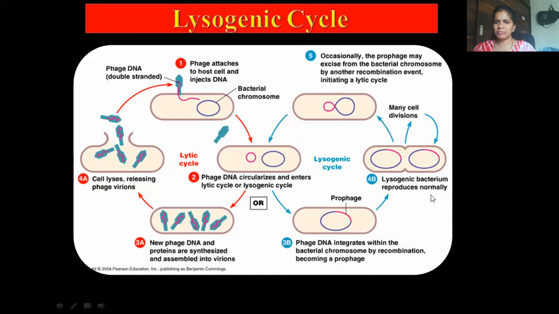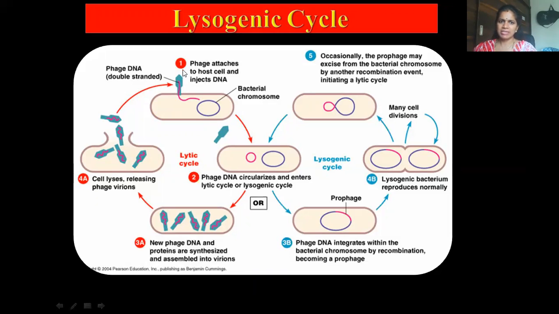The lysogenic bacterium reproduces normally and gives rise to many cells through divisions. And the prophage, which is integrated into the bacterial chromosome, may also exit from the bacterial chromosome by another recombinant event, initiating a lytic cycle.